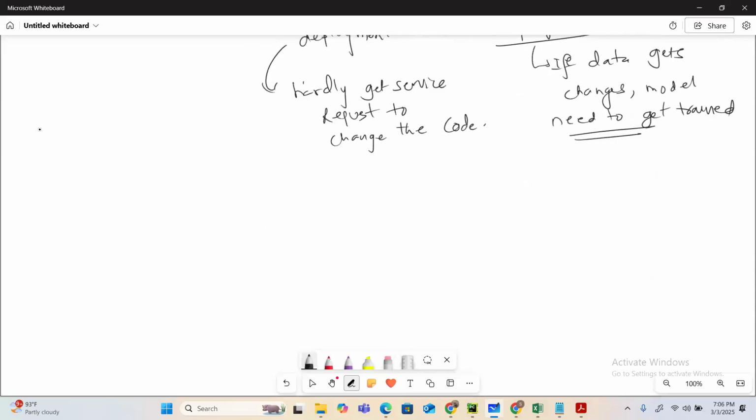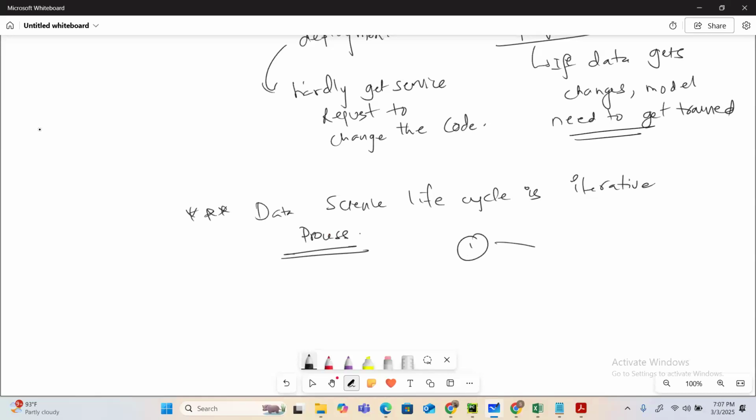The data science life cycle is an iterative process. Step 1, data collection and problem statement. Step 2, model, then evaluate, find if it is good. If the model is good, continue.